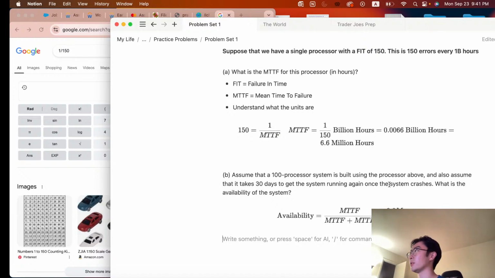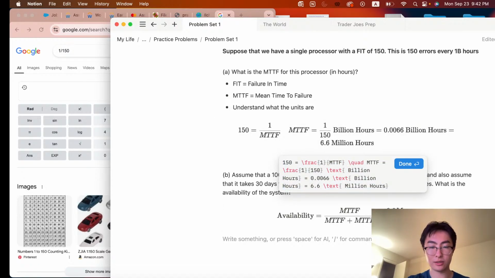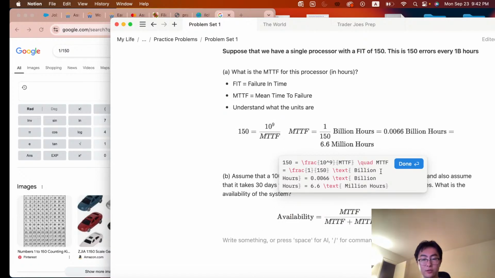Now I do want to see if this is right. This is kind of a misnomer; it should be 10 to the 9th. So I think I got this right.